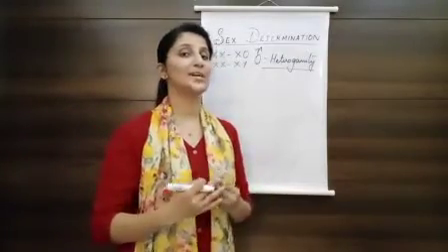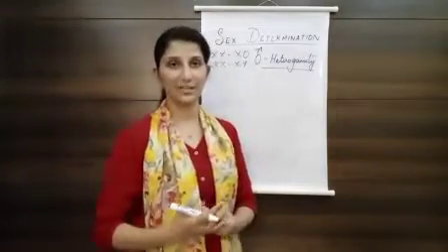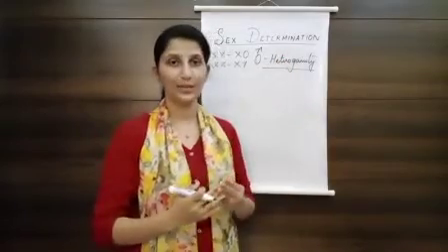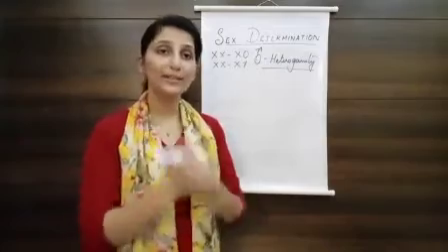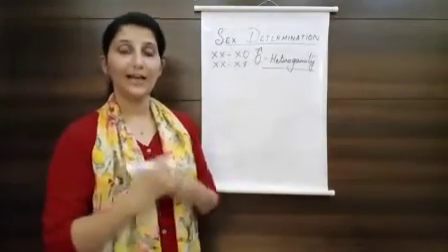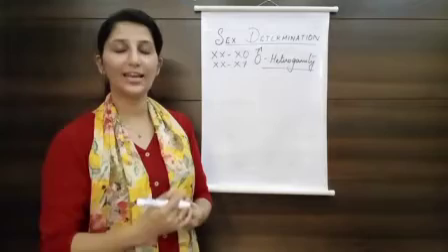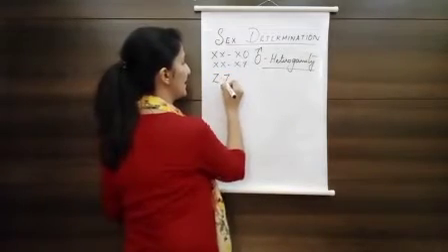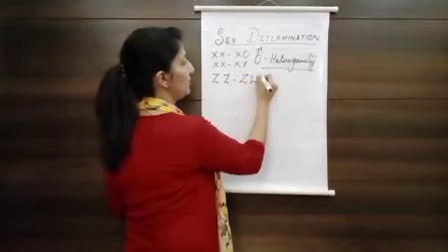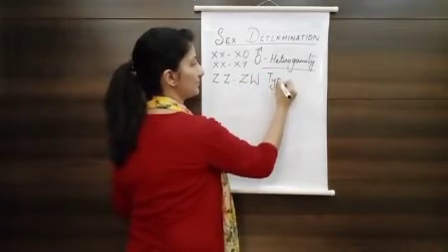Now we are going to study another type of sex determination which is different from these two. It is sex determination in birds. So what determines the sex in birds? This type of sex determination in birds is called ZZ and ZW type of sex determination.